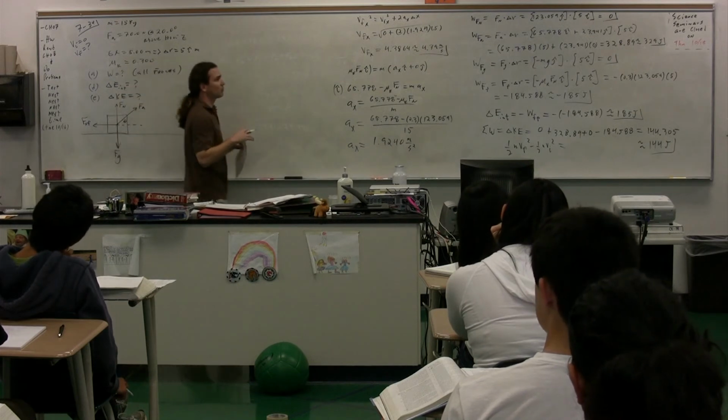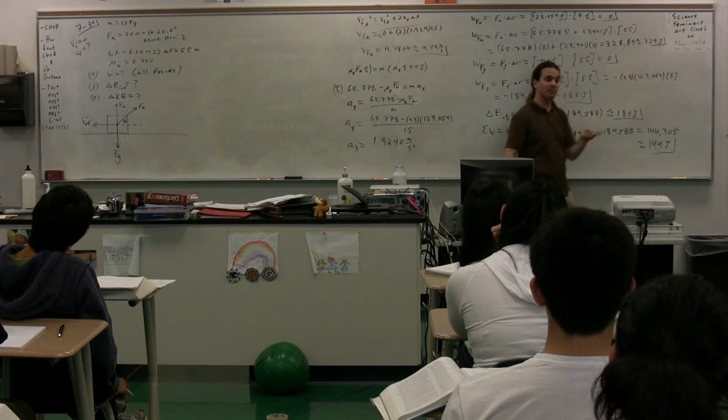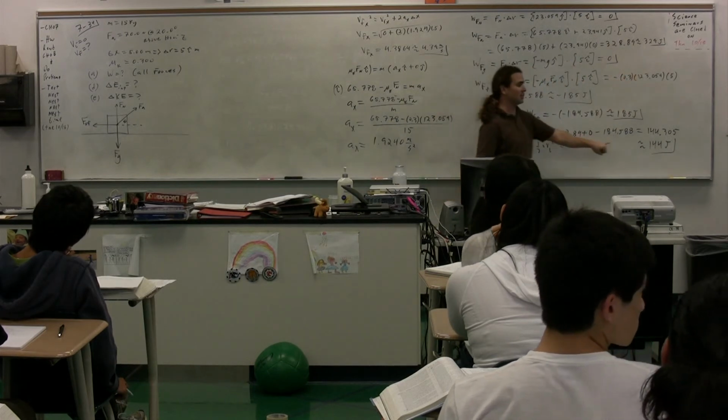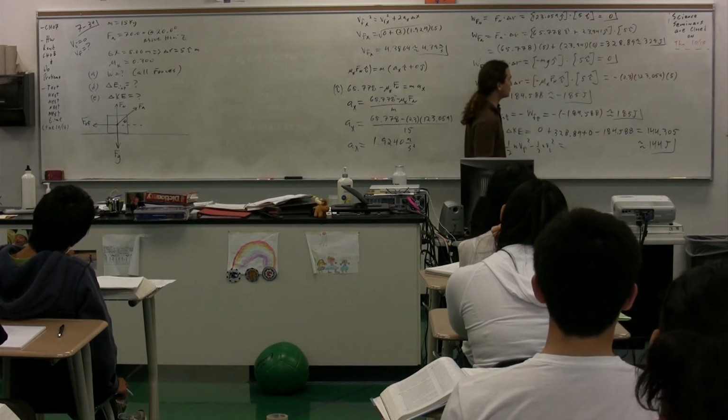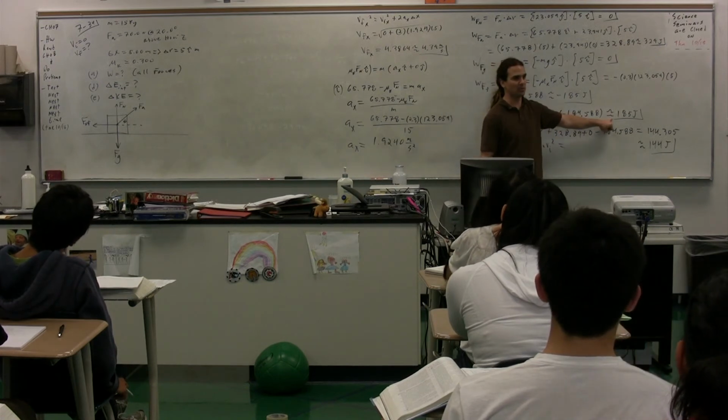So notice, the force applied puts 329 joules into the system. Some of that energy goes into changing the motion, right? Changing the kinetic energy. But some of that energy goes into internal energy as heat. It heats up the object.